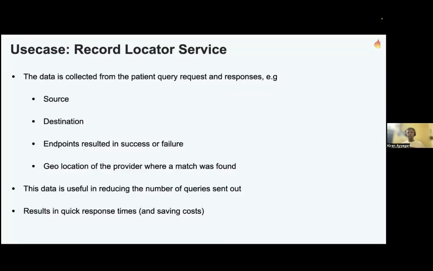So we don't need to query, say, 10,000 endpoints, but it limits it, saying a patient's data is likely to be available in locations A and C. Then the system can make use of this information and query only those endpoints, thereby reducing the number of requests and the load on the whole network, and significantly reducing the response times, ultimately letting the clients pay a lesser price per request.